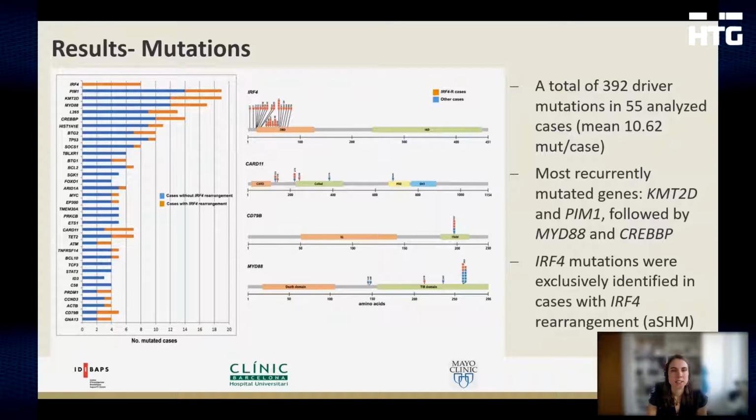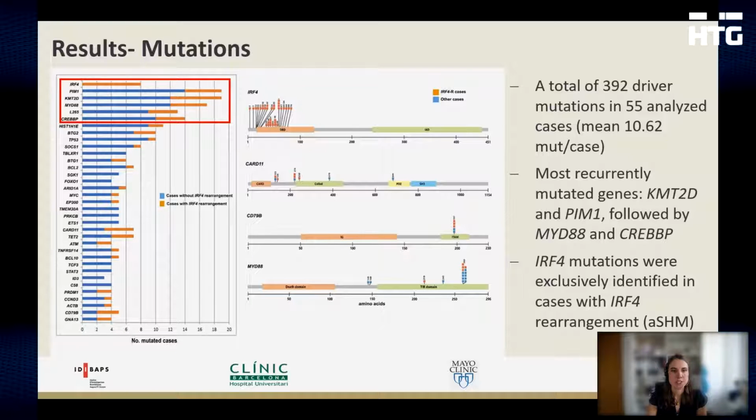A total of 392 driver mutations in 55 analyzed cases was found, with a mean of 10.6 mutations per case. And the most recurrently mutated genes were KMT2D and PIM1, followed by MYD88 and CREBBP.